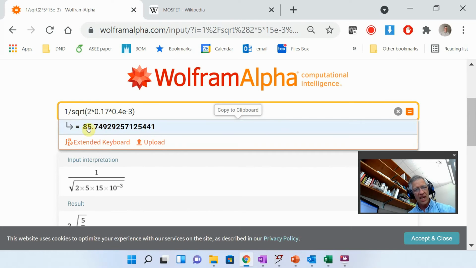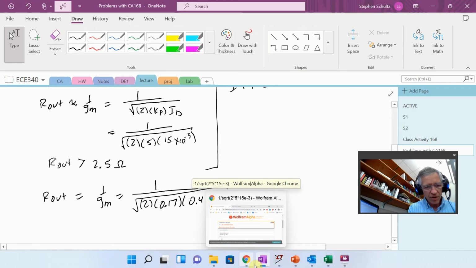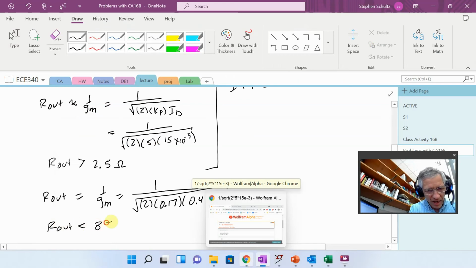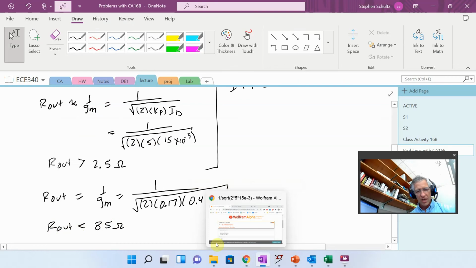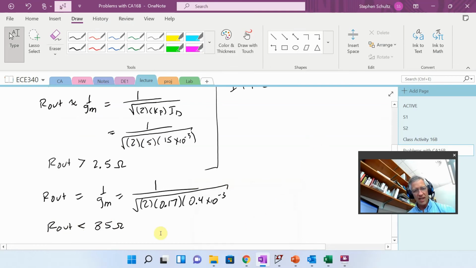And you see 85 ohms. So my R out has to be less than 85 ohms. So you can see that if I had a specification of 100 ohms, this isn't really going to work, and I'm never going to be able to meet the specification and still keep it in active. So we have to change the specifications of the problem to get it to work.